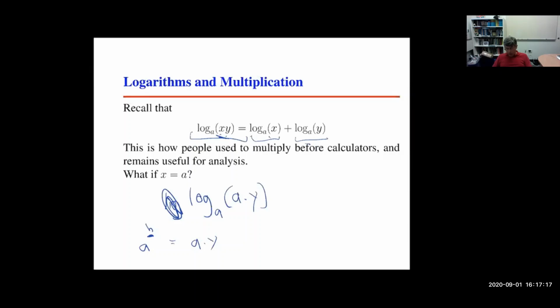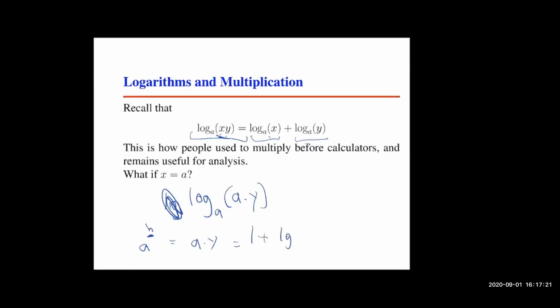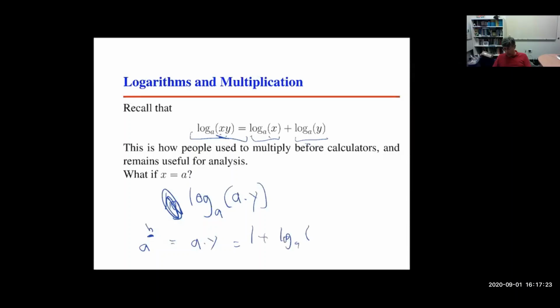What is the value of h? I claim that's going to be equal to 1 plus the log base a of y. And that's exactly what this relationship is. Any questions about that? It's important to understand where logs come from. Any questions?